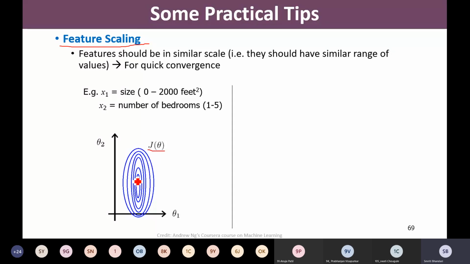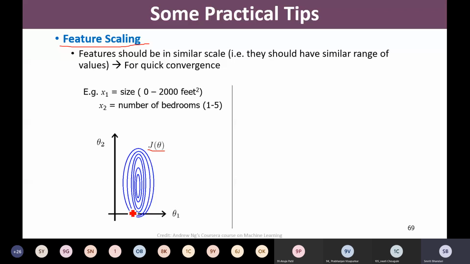The contours are very much skewed, tall and skinny. So whenever we implement gradient descent, it oscillates back and forth till it reaches the global minimum.